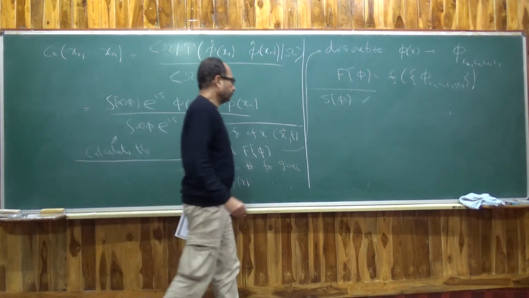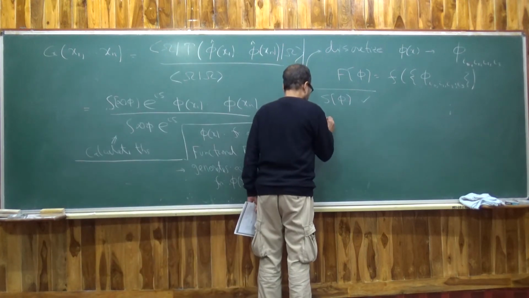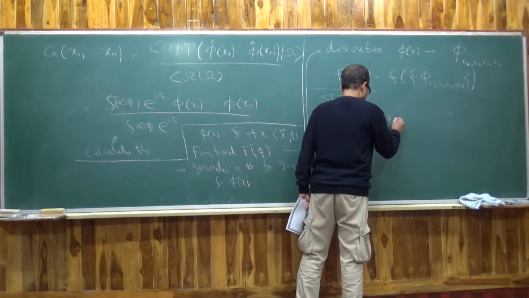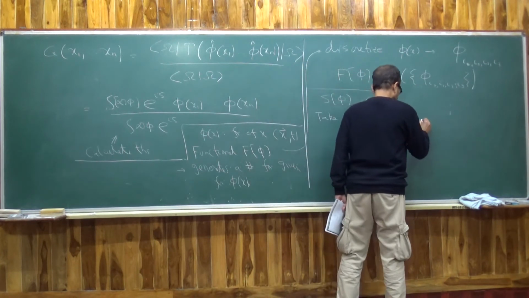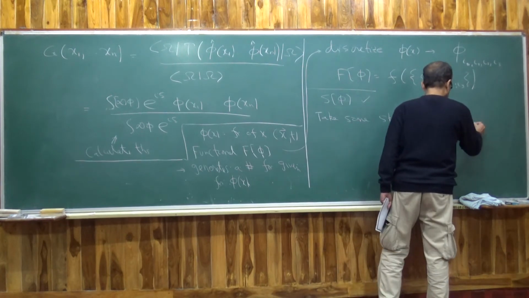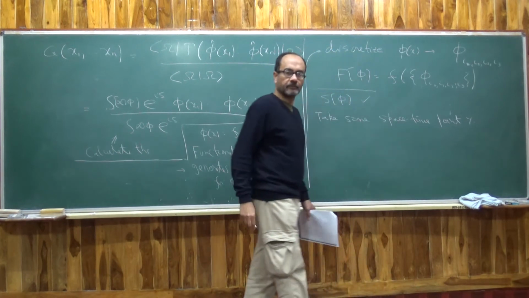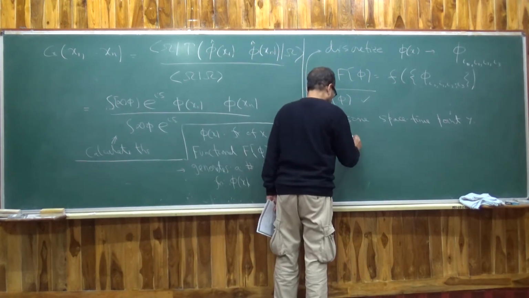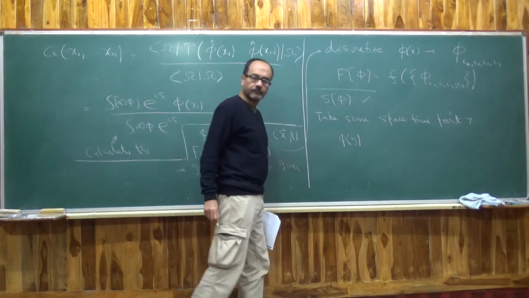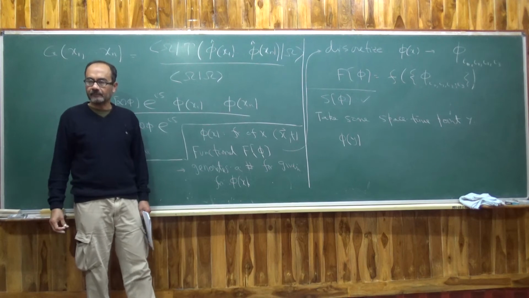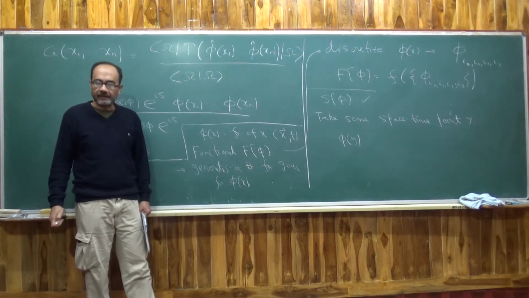Now suppose you take some fixed point y, some space-time point y, and consider phi of y. Y is some fixed given space-time point. Is phi of y a functional of phi?